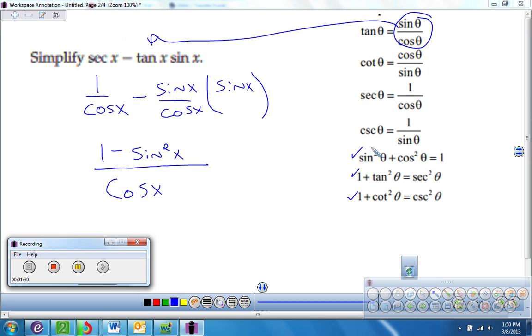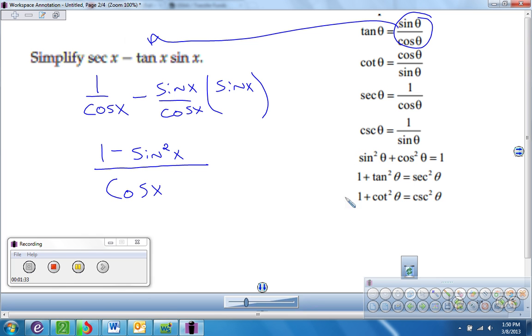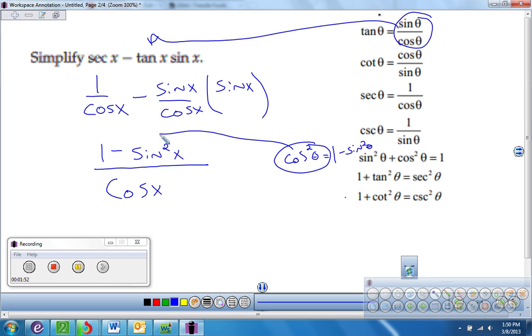now that I have a squared, I'm going to look down here at my Pythagorean theorem ones. We've manipulated this before in class, but I know that cosine squared theta is equal to 1 minus sine squared. So what I'm going to do is take this and replace that with it.